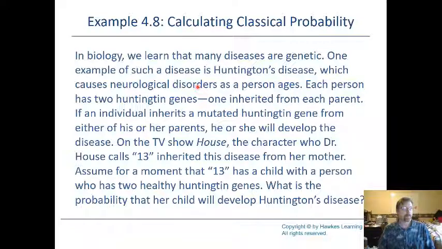So if somebody with the disease has a child with the person who's got the genes but they're not mutated, so they don't have the disease, what are the probabilities that their child will develop Huntington's?